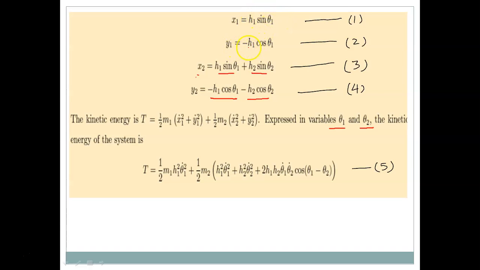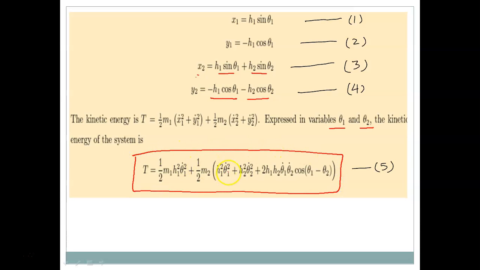Then y1 dot means minus h1 times minus sine theta1 into theta1 dot, and the square of that. Substituting these values here, we can obtain the expression for the kinetic energy of a double pendulum, which is this.